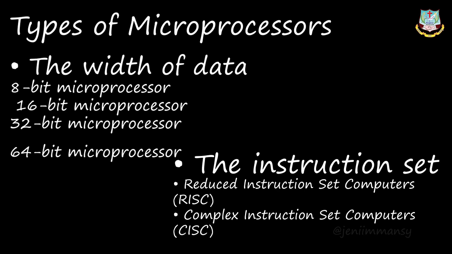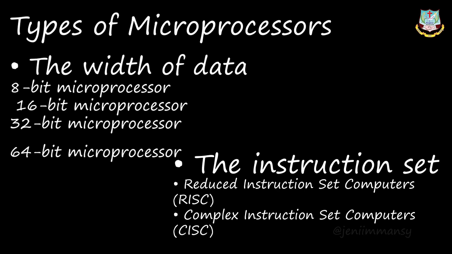Okay, and some of the examples of CISC processors are Intel 386 and 486, Pentium 2 and 3, and Motorola 68000.